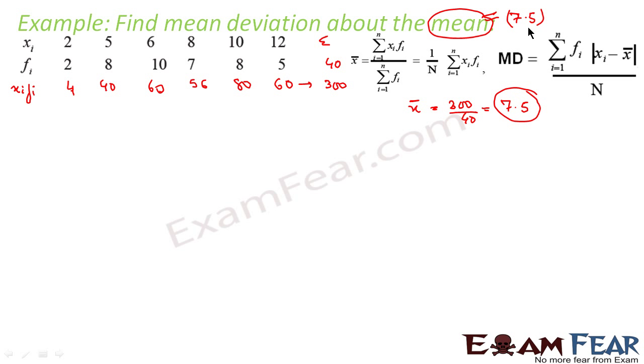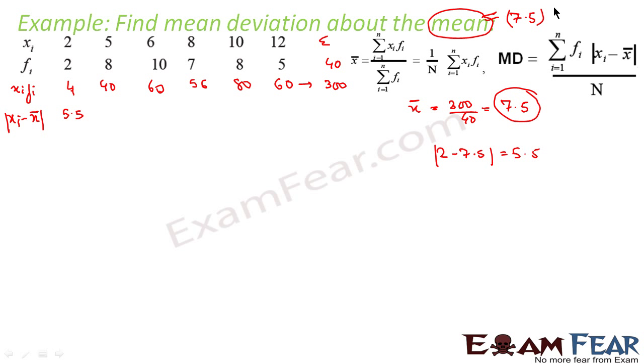Once we have the mean, the next thing is to find the distance of all the xi's from the mean. That is, we have to find mod of xi minus x dash, or xi minus 7.5. From 2, 2 minus 7.5 mod gives 5.5.